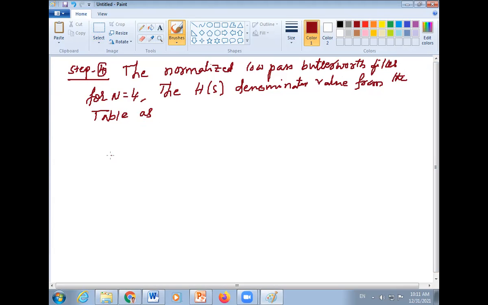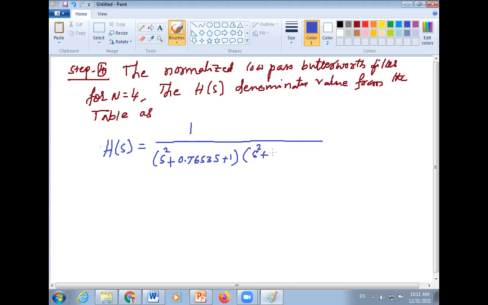We can write H of s equals 1 divided by (s square plus 0.7653 s plus 1) multiplied with (s square plus 1.8477 s plus 1).